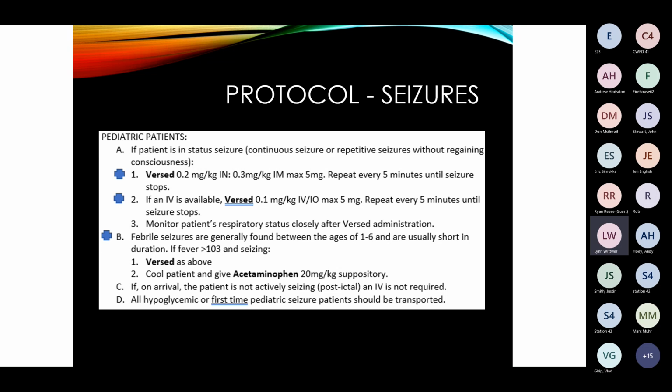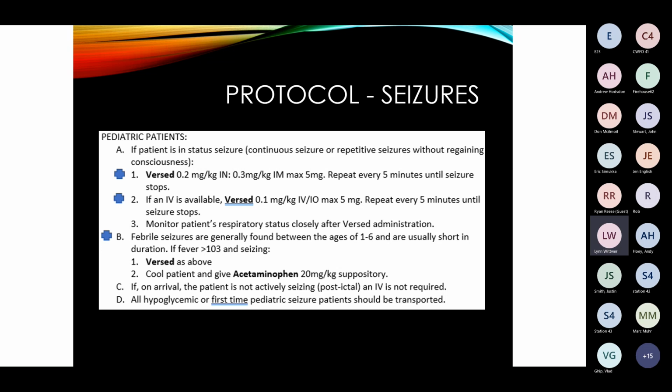Now, if they've got a history of febrile seizures and the parents have instructions from their pediatrician on how to follow this, and they say, we want to stay home, this has happened before, this is what we do for it, obviously document that.